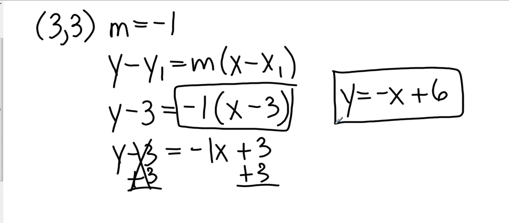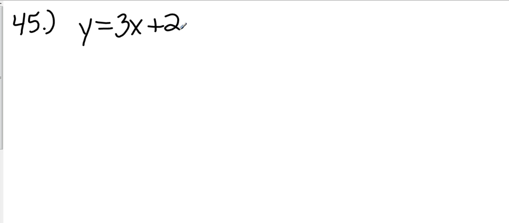All right, let's take a look at 45. Okay, the answer to 45 is y equals 3x plus 2. So we're taking our coordinates of 1, 5 and 2, 8.